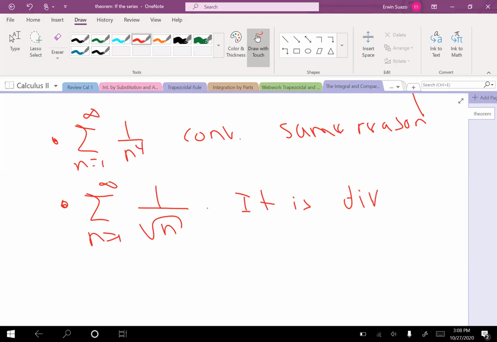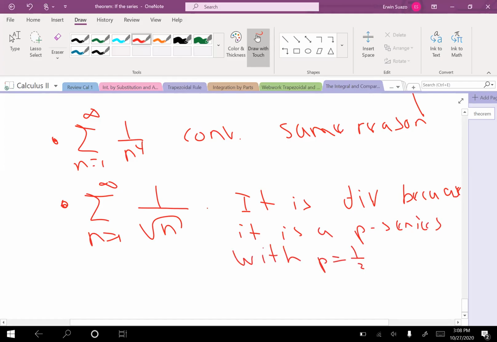So it is divergent because it is a P series with P equals 1/2. You can write that the sum of 1 over n to the P, n equals 1 to infinity, is divergent for P less than or equal to 1.